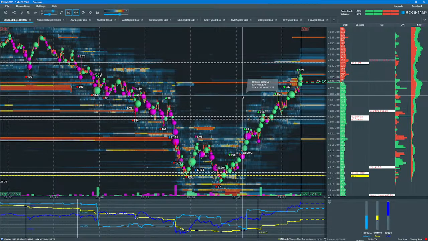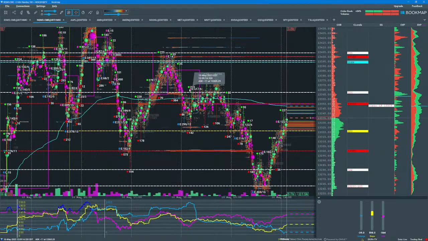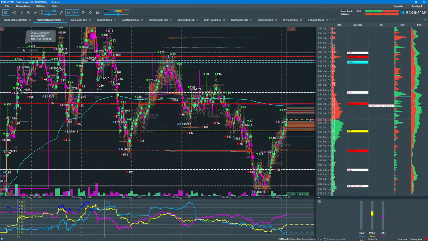All right, so great setups in the S&P 500 today. Let's take a look at NASDAQ now. And for NASDAQ, we'll zoom in on the morning.